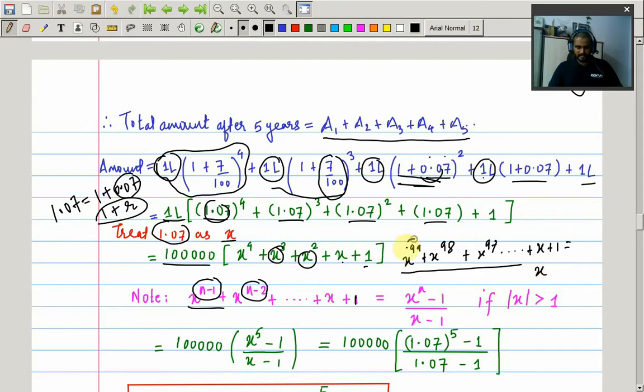The last power is 99, so you write 100, one more power: x to the 100 minus 1 upon x minus 1, when the mod of x is greater than 1. Here the power is 4, so I write x to the 5 minus 1 upon x minus 1. And x is 1.07, which is greater than 1, so this formula is valid.